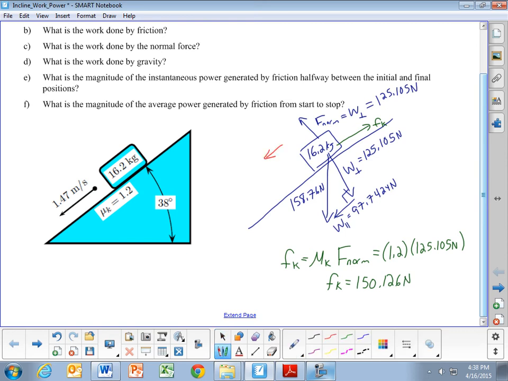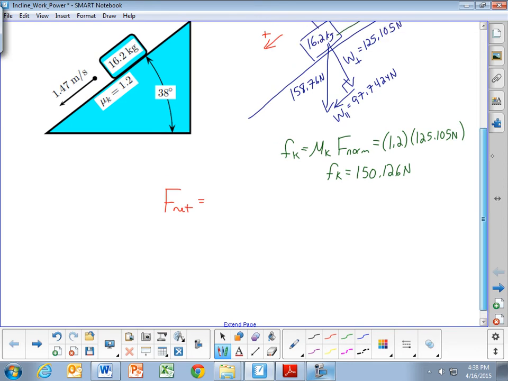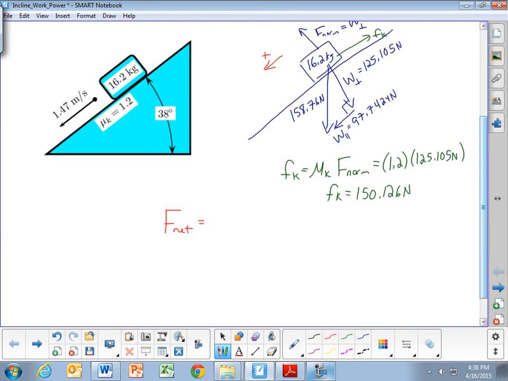Okay, we're told to let down the ramp be the positive direction. And so the net force: the forces perpendicular to the ramp balance out.